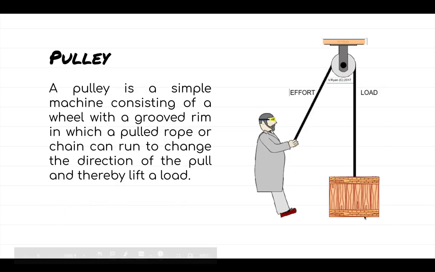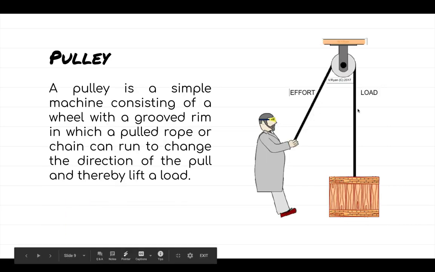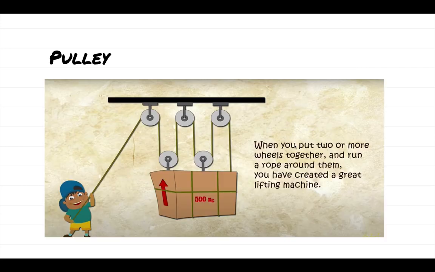So here there is just one, so the load and the amount of force required is the same. If it's 100 kilos, the same amount of force is required to lift that particular load.